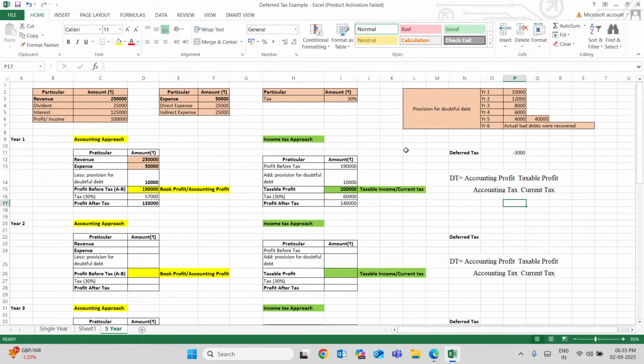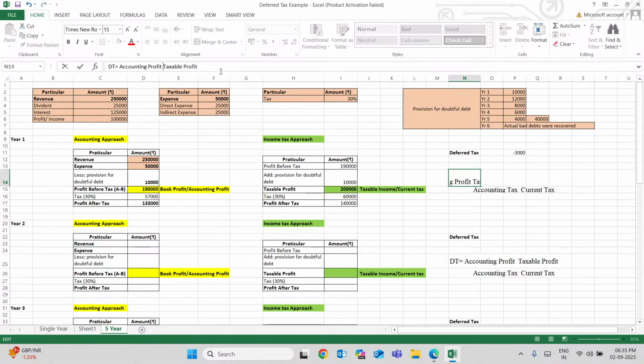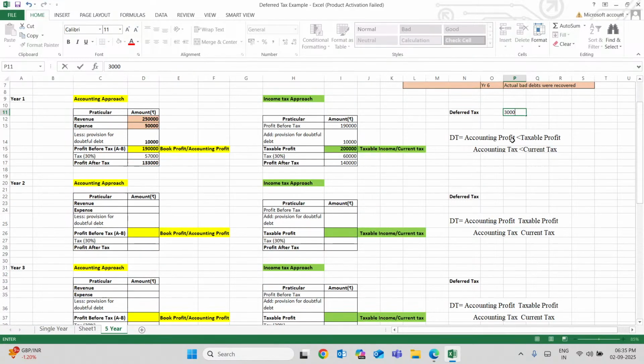That means it is actually creating a DTA, as the taxable profit right here is more than the accounting profit, right? Or you can say that here the accounting tax is less than the current tax. So what we have here is the deferred tax, right? So here we can say that it is 3,000.